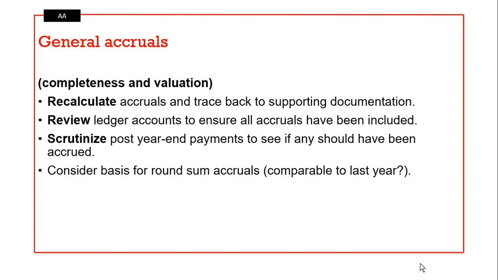You need to scrutinize post-year end payments to see if any should have been accrued. And then you need to consider the basis for round sum accruals. It is here that there's potential for fraud. So we need to ensure that the round sums are within what we call the expected margin.